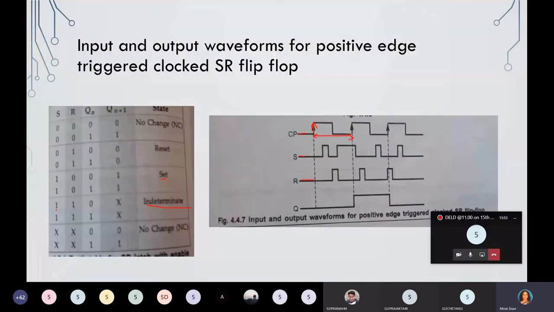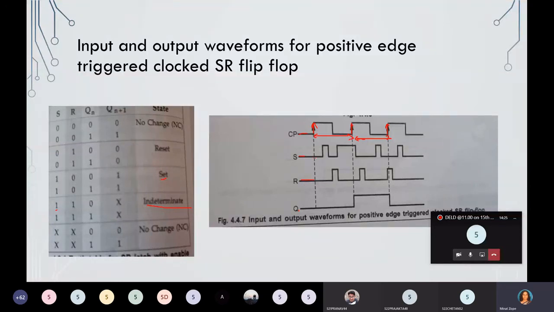Again there will be a change when your clock pulse goes from 0 to 1, and in between there will be no change. Then again in the third clock pulse, when it goes from 0 to 1, the state is going to change. Now consider that this Q is nothing but your next state, Qn plus 1, because at each time we consider the output as the next state.